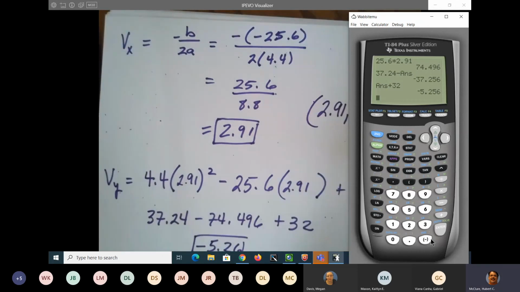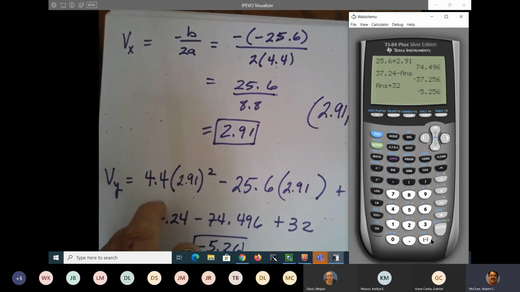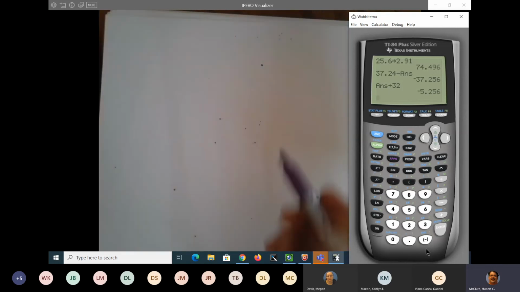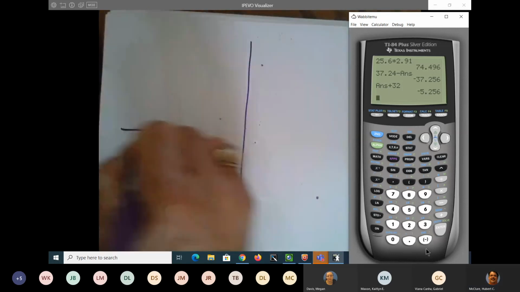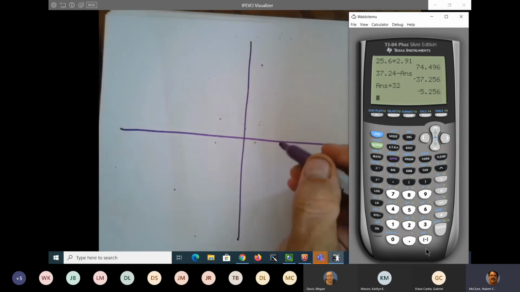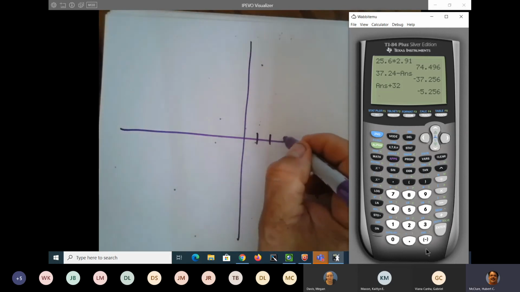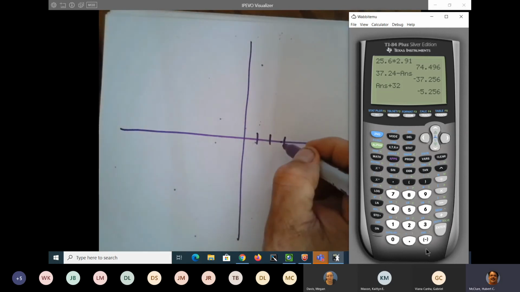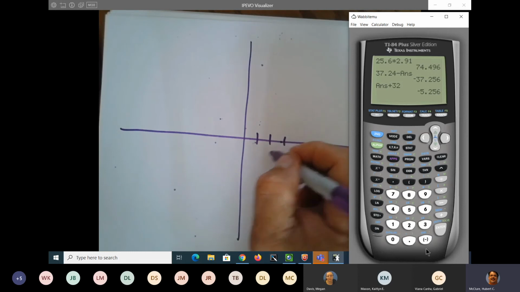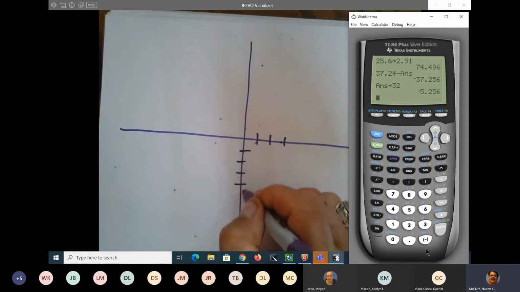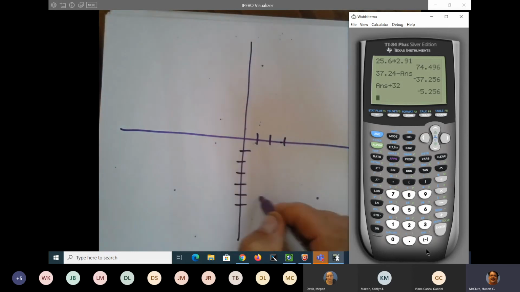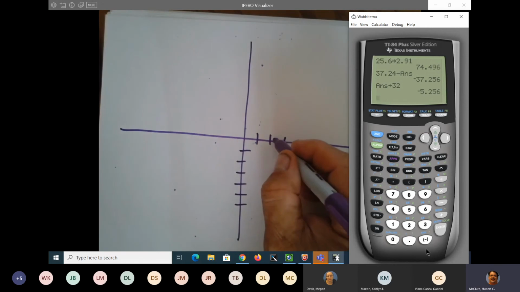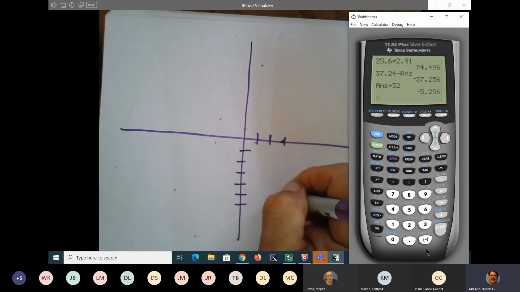Now let's see if all this lines up. Let's take our handy dandy graph. I've got a vertex of 2.91, that's right there, and negative 5.26 should be right in there.